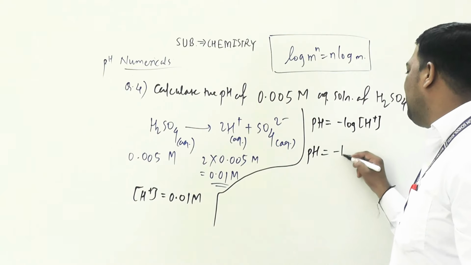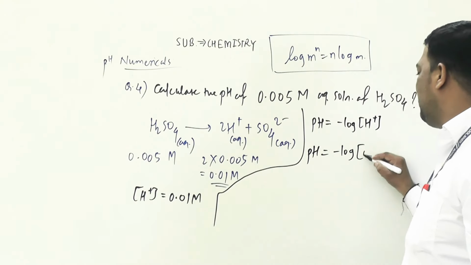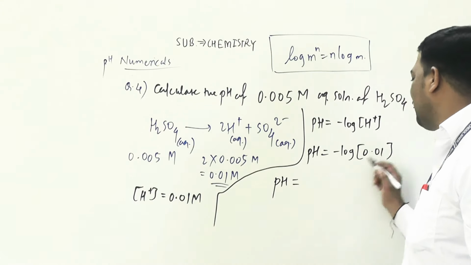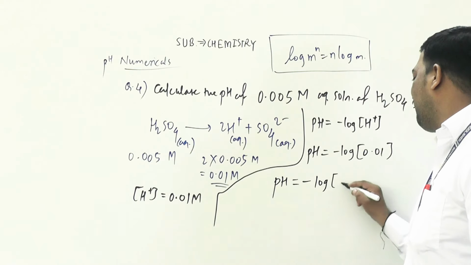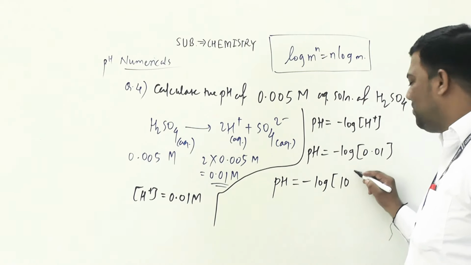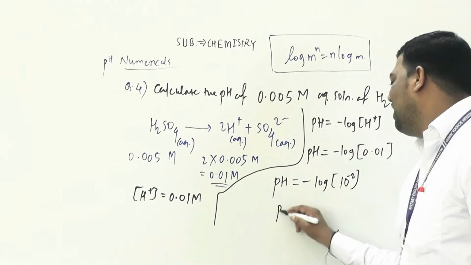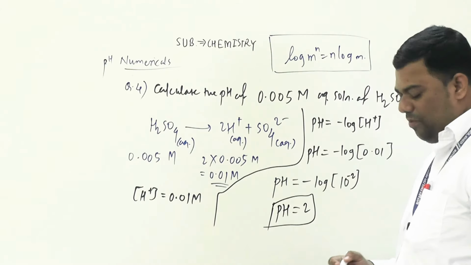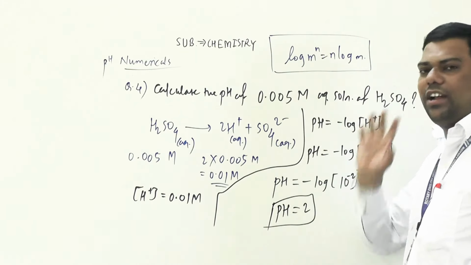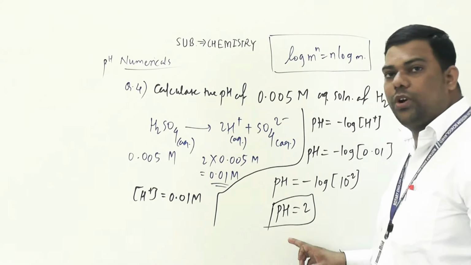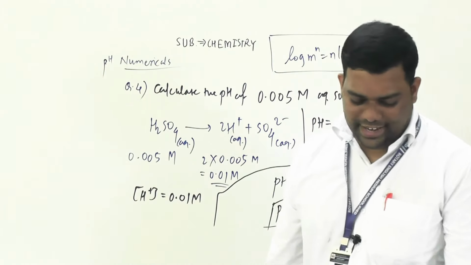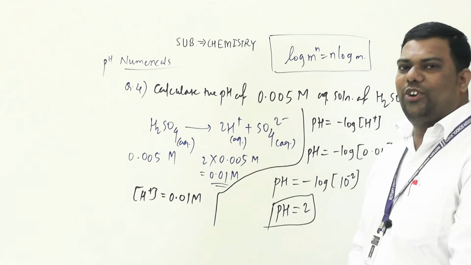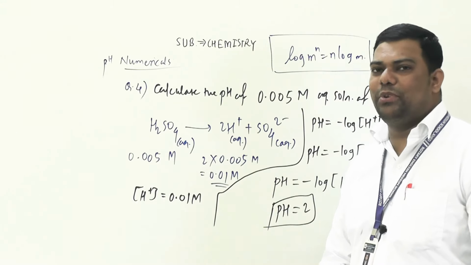The negative logarithm of 0.01, which I can write as 10 raised to minus 2, so pH is equal to 2. So the pH of 0.005 molar aqueous solution of H2SO4 is 2. Understood? Like that you have to solve numericals of pH and pOH type.